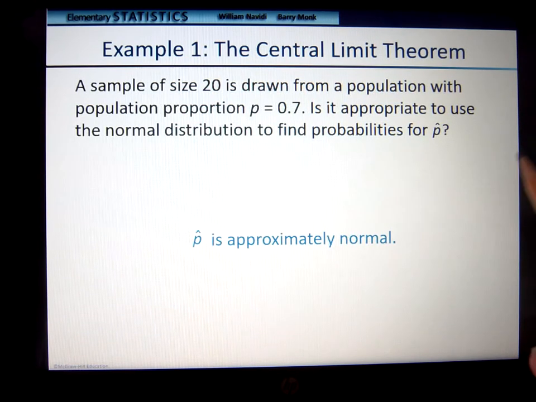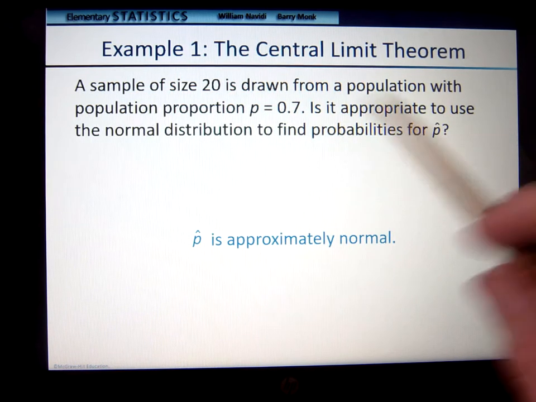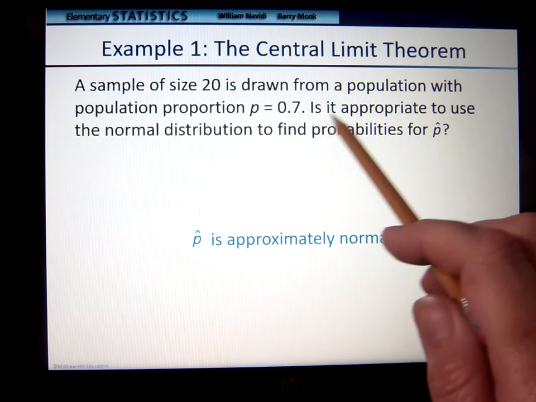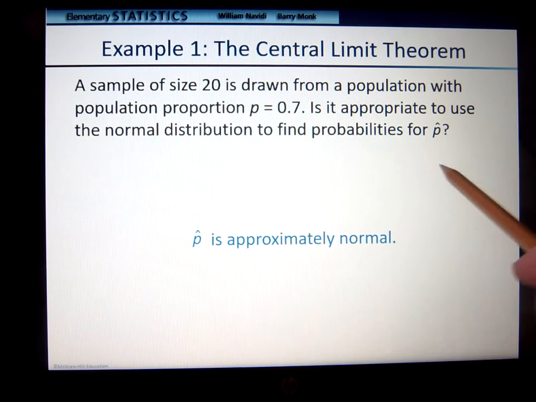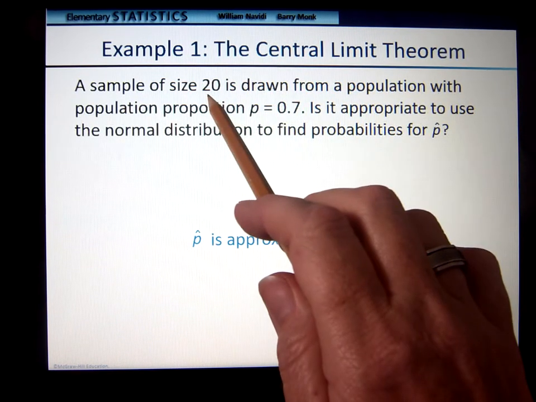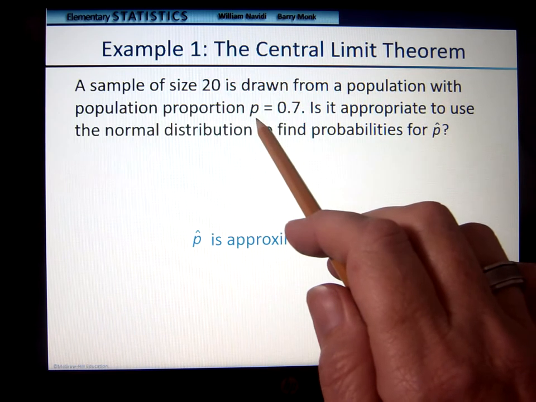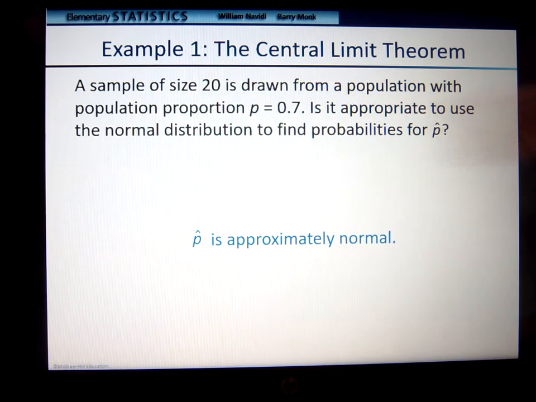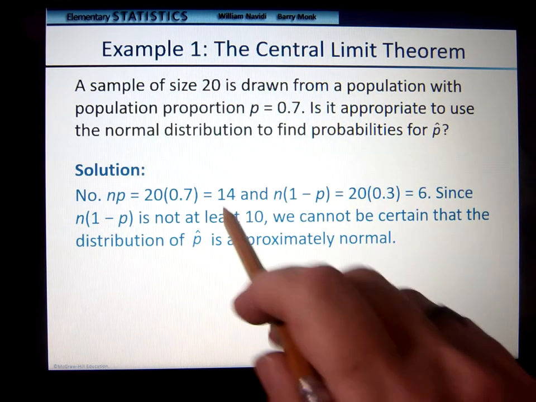Now if we look at a sample size of 20, drawn from the population proportion of 0.7, is it appropriate to use a normal distribution? Okay, so we have our sample size of 20, we have our population proportion of 0.7, we multiply these two together. We get 14.